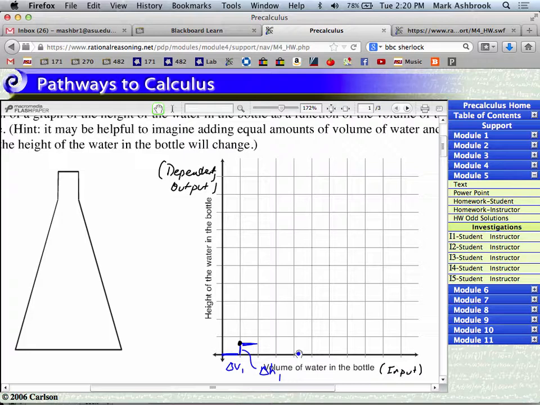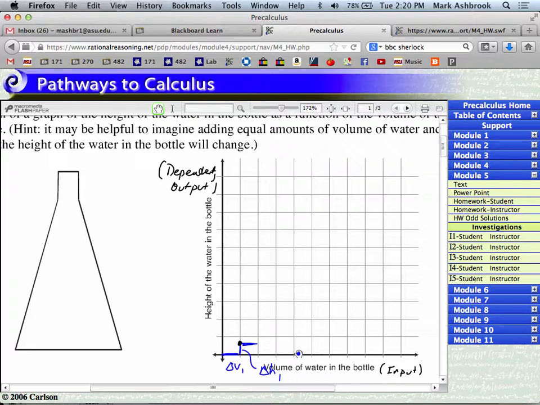The amount of increase, that change, how does it compare to the amount of increase of the first one? I heard the same and bigger. Taz, why bigger? He says because the sides are getting narrower, it's going to fill up more. The height's going to increase more than it did before.